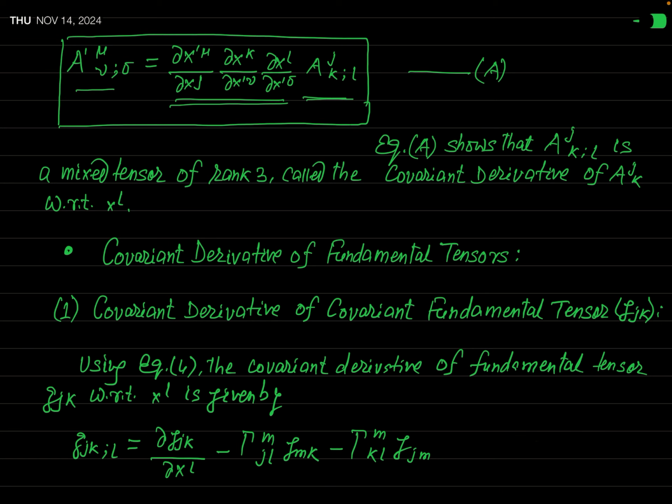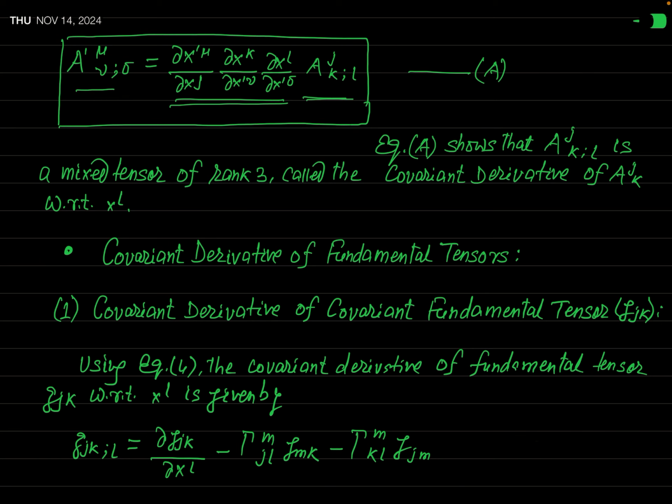So in the beginning of my lecture today, I told you that whenever you find the covariant derivative of a tensor, the resulting tensor has a rank greater than the rank of the original tensor by 1.